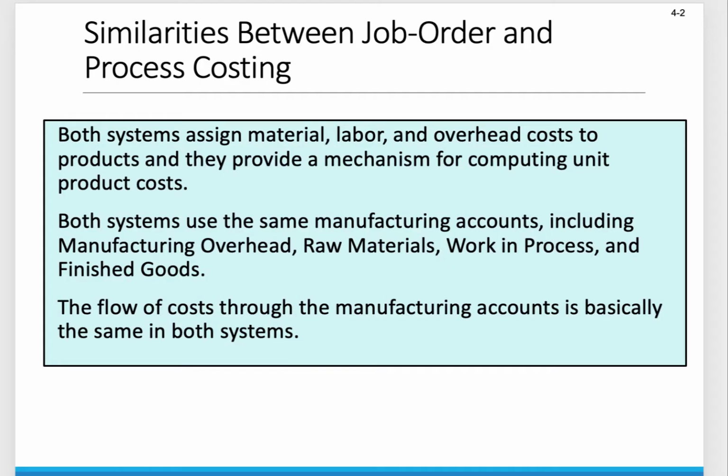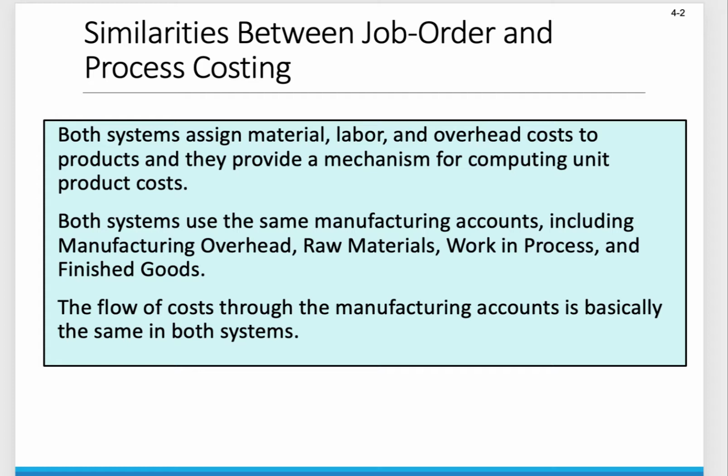So if you read the chapter, you see that there are some similarities and some differences between job order costing and process costing, okay? Remember, when we're talking about process costing, we're dealing with homogeneous products, meaning you can't tell the difference between one unit and the next unit, okay? Think of red Crayola crayons, right?